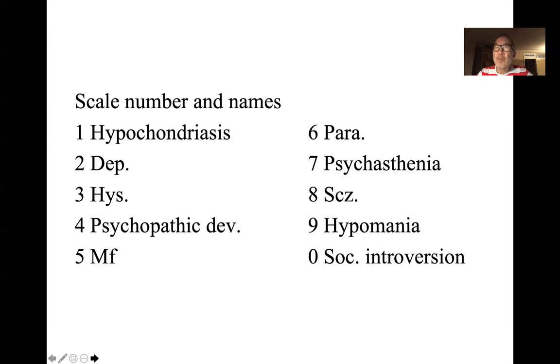So it's not just more or less depressed or more or less paranoid or more or less schizophrenic, but it indicates the types of behaviors or attitudes associated along the continuum. It's not just simply degree, which we'll see in a moment.